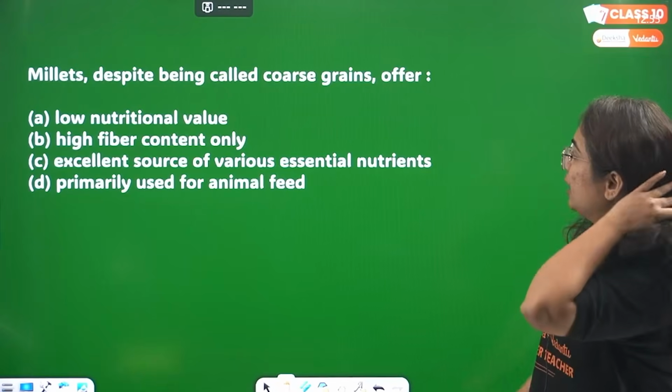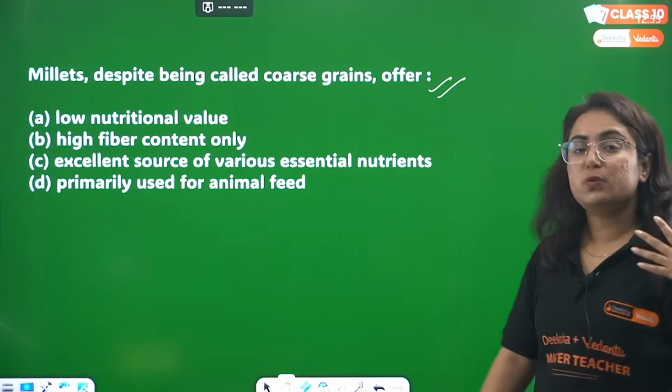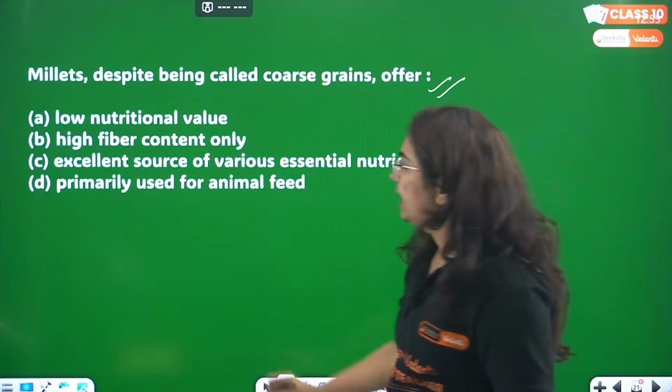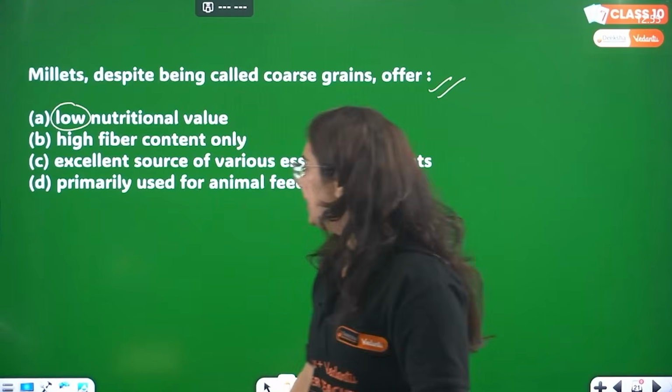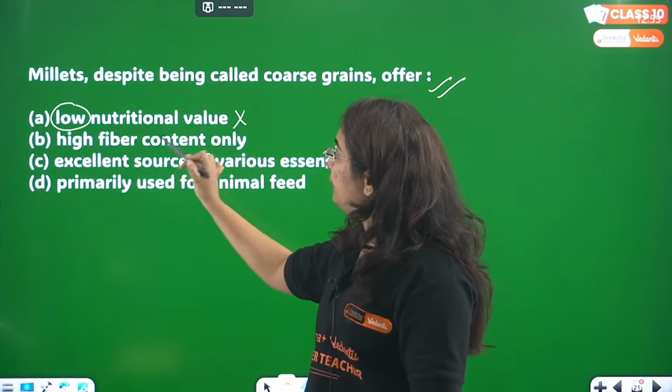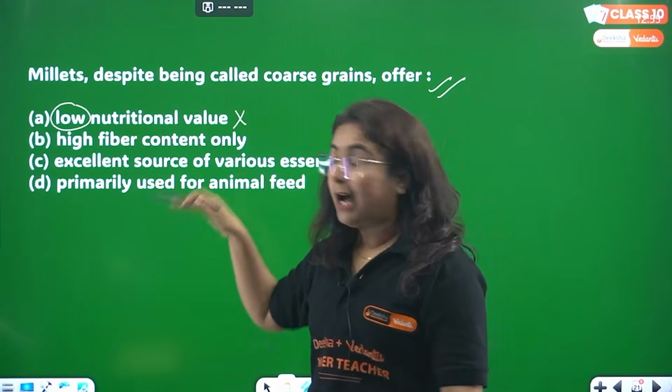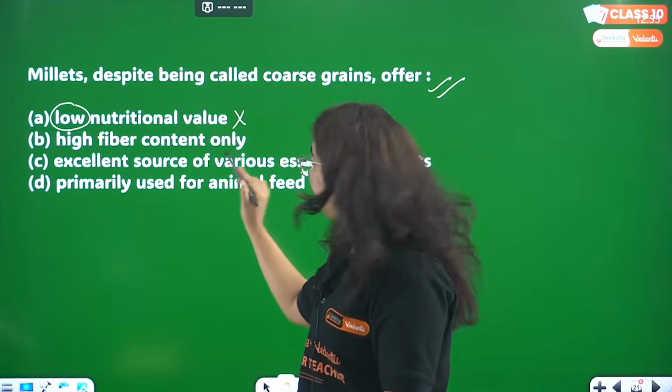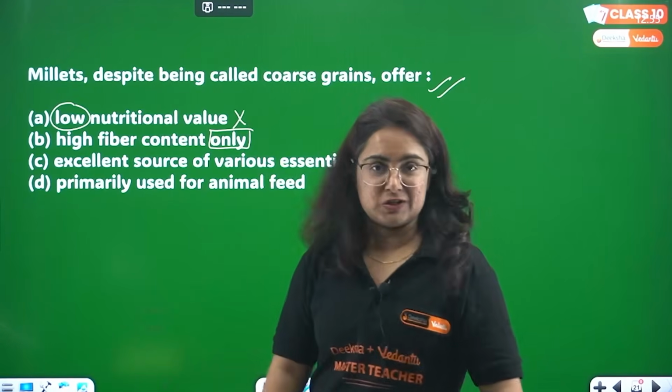Millet, despite being called coarse grain, offers what? Do they offer low nutritious value? No. High fiber content only. Up till here the statement was correct, but this word only makes a change, right?